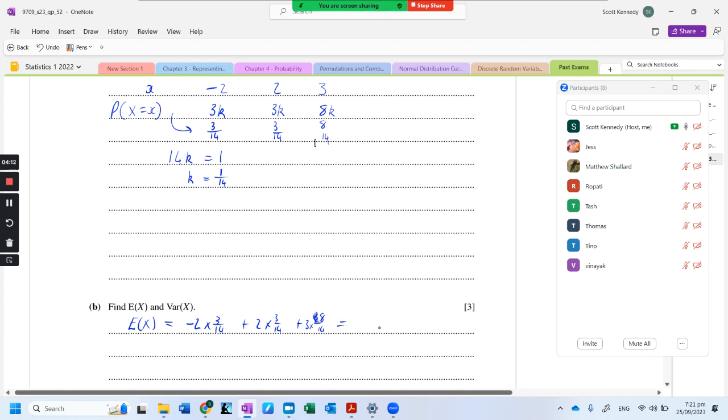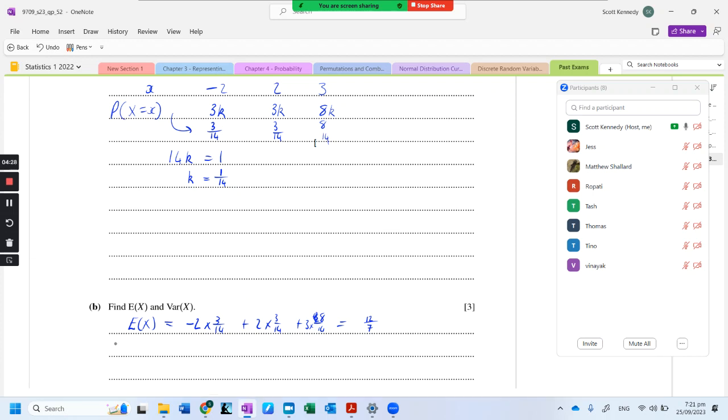And so we can see that we're going to get 24/14 because the first two cancel each other out, or I guess we can rewrite that as 12 sevenths.